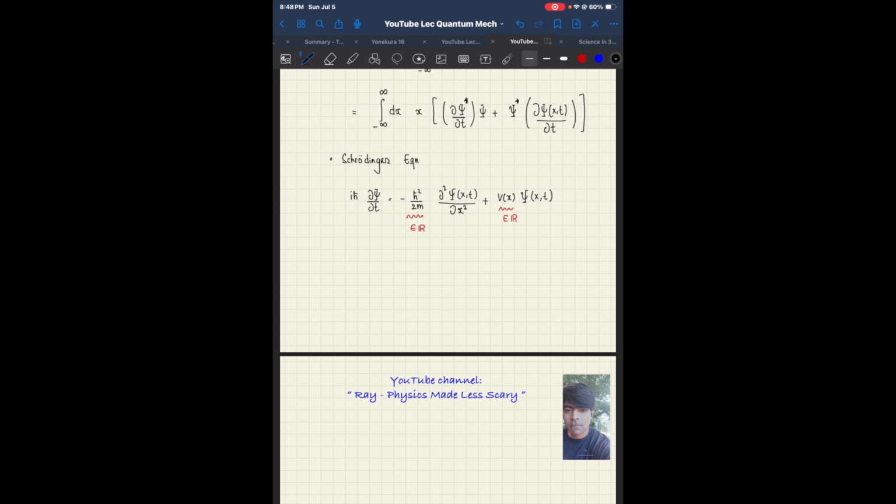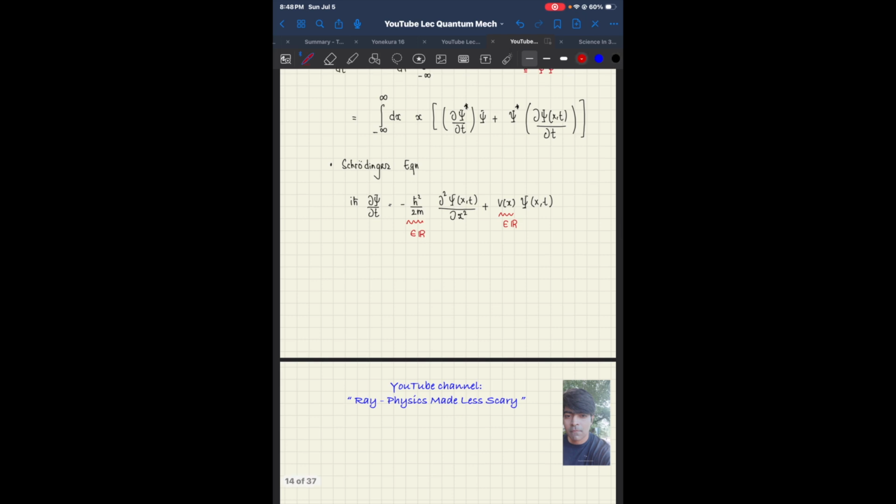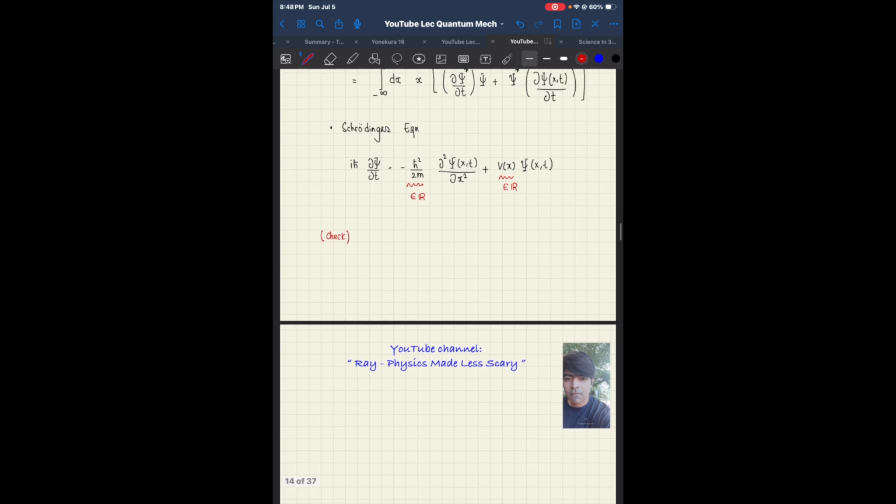So this would give me... okay, maybe I'll let you do one step. So check. This is just one line, homework. Okay, let me be even kinder. Let me do one step for you. Let me take the complex conjugation of this equation, CC being complex conjugation. So this i picks up a sign, and we have a psi star. As I said, h squared by 2m is real, so it doesn't change sign.